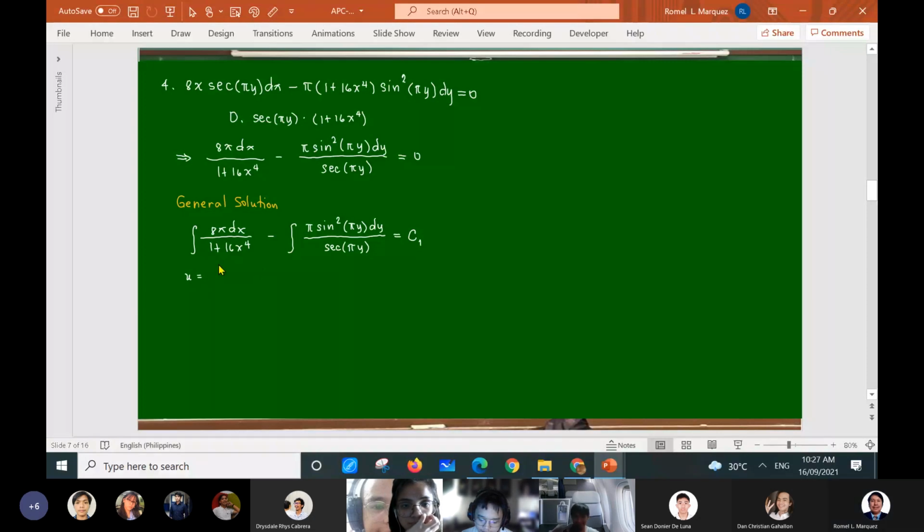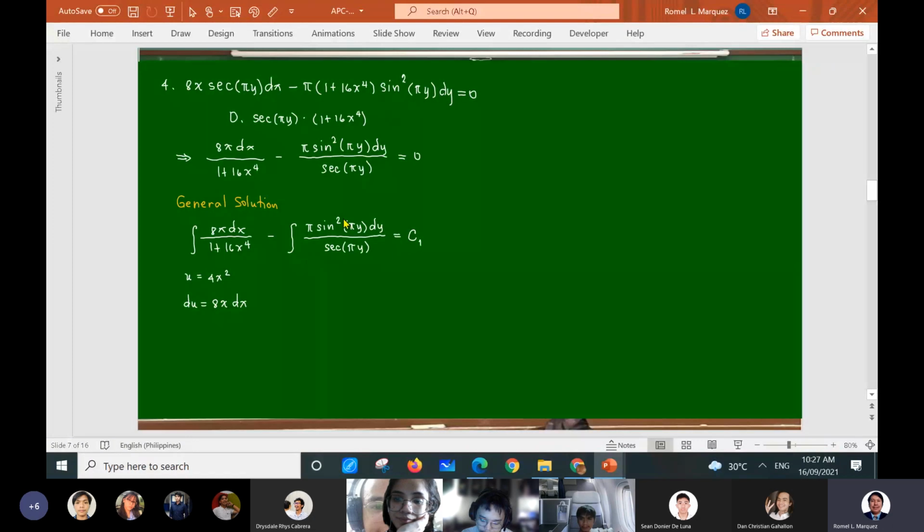So I can take this as my a squared, and my u squared is 16x to the fourth. So what is my u? 4x squared. Am I correct, guys? What is the du? 8x dx, which is the numerator. So this is du over a squared plus u squared. So exact already, no?